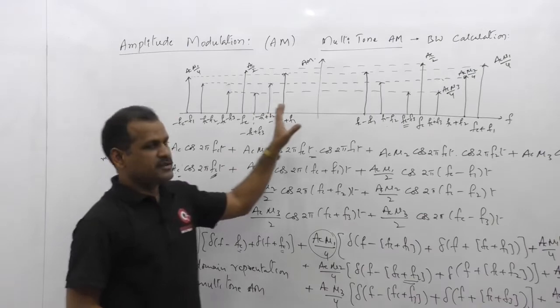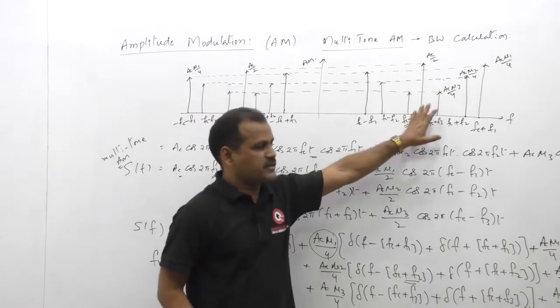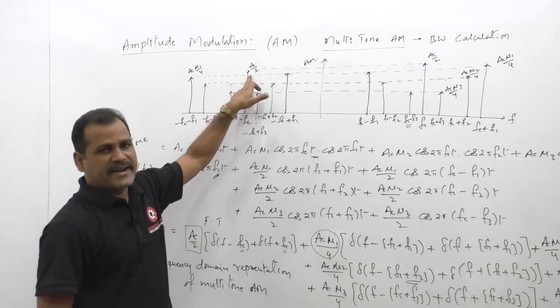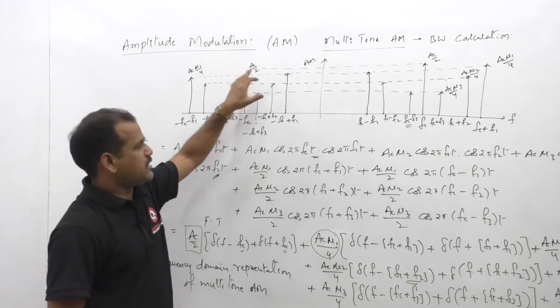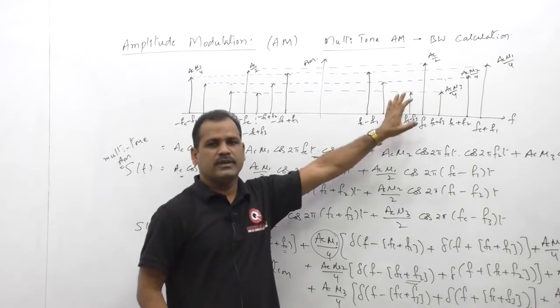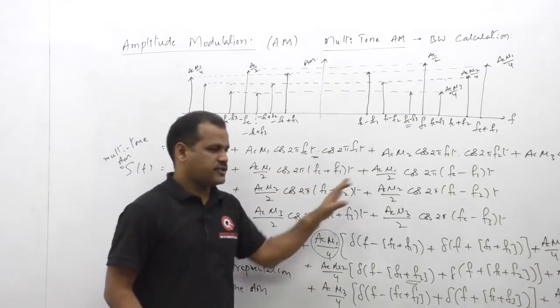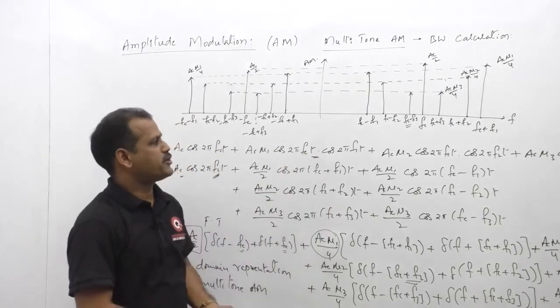These are the 6 delta functions on the right side and 6 delta functions on the left side, and along with that one carrier component delta function extra. Totally 7 on the left side, 7 on the right side, 14 delta functions we are having for these 7 cosine functions. This is the plot of multitone AM.